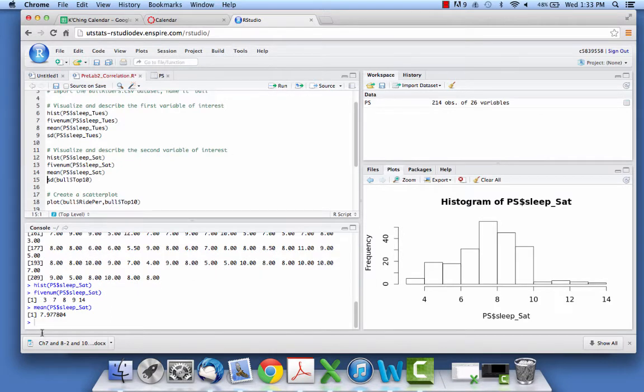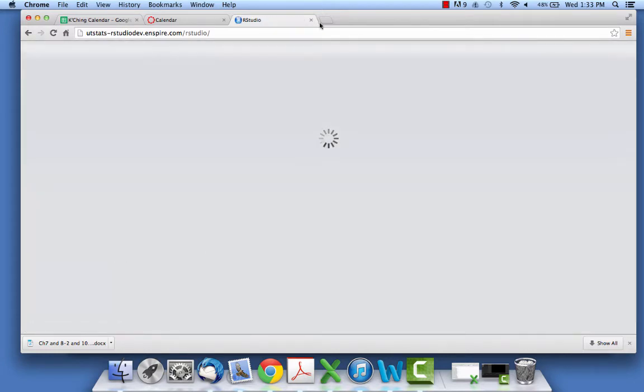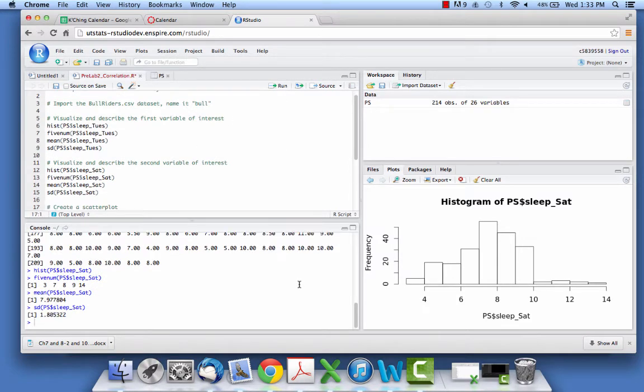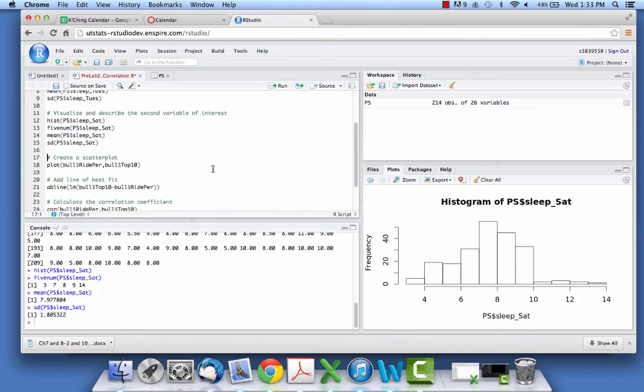The mean is 7.98, so very close to that 8. And the SD is 1.8, the interquartile range is 2, so those are pretty close.